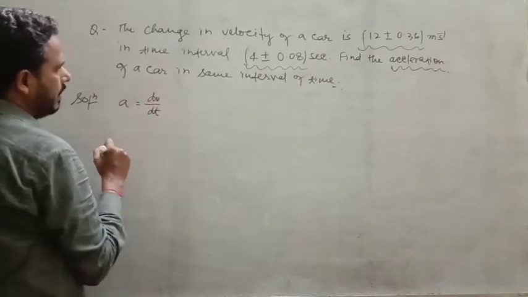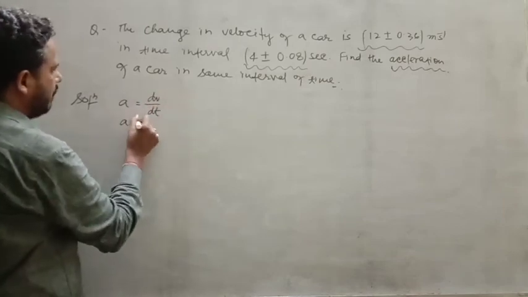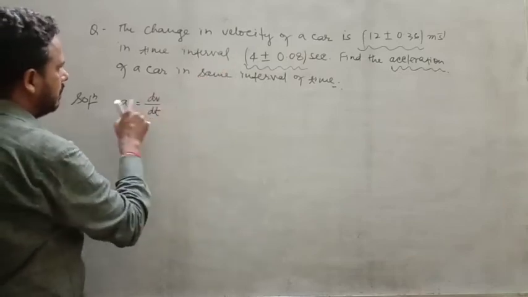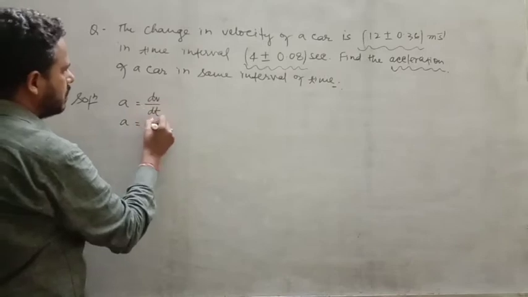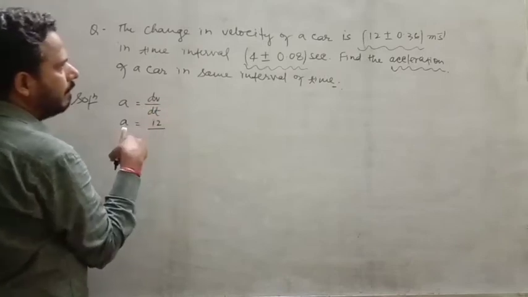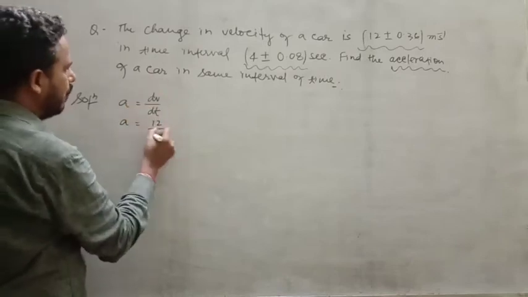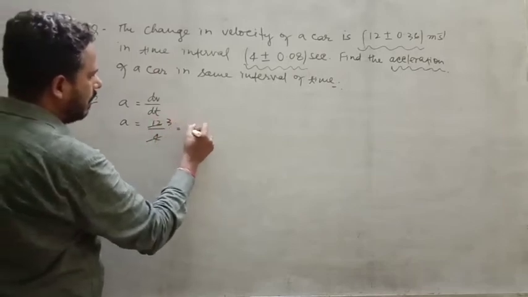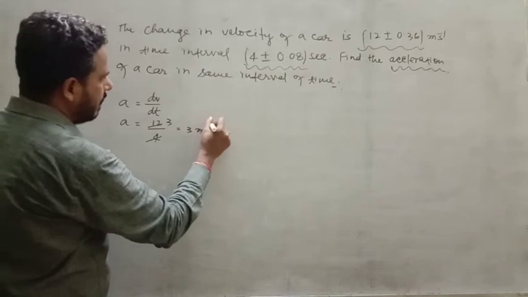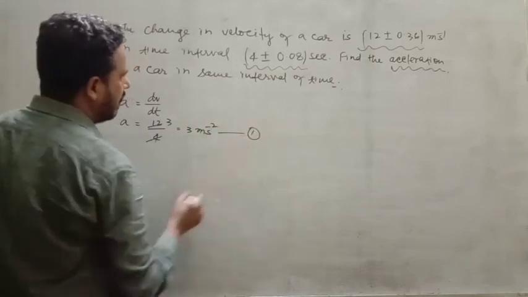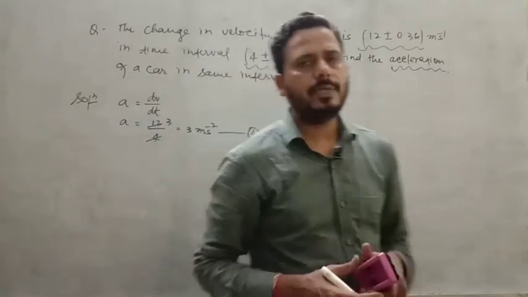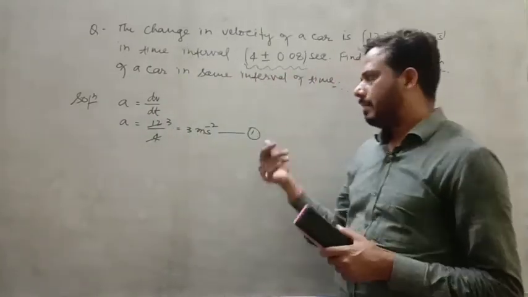So this one is given. From here your velocity is 12 and the time is 4. 4 3s are 12, so that is 3 meter per square second, equation 1, and this is your acceleration.